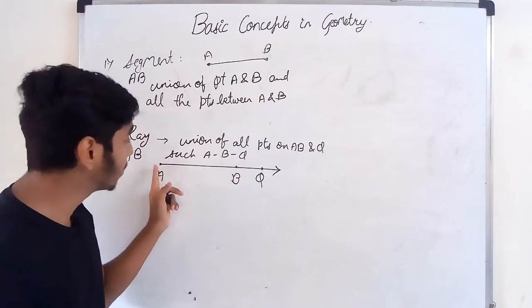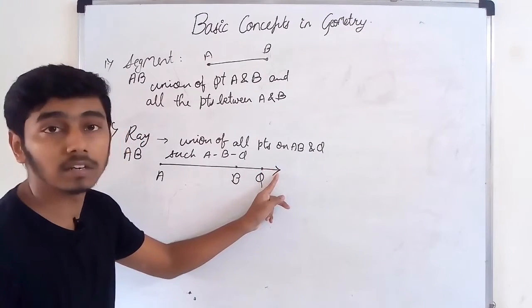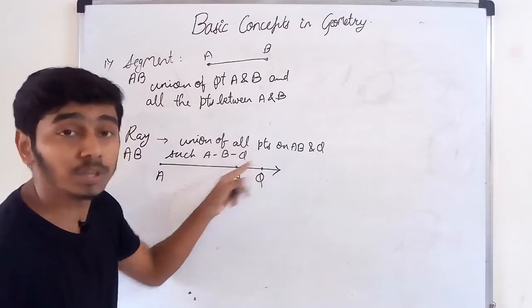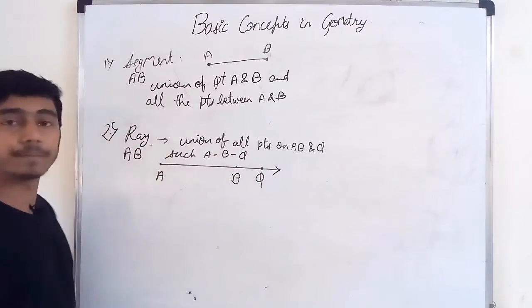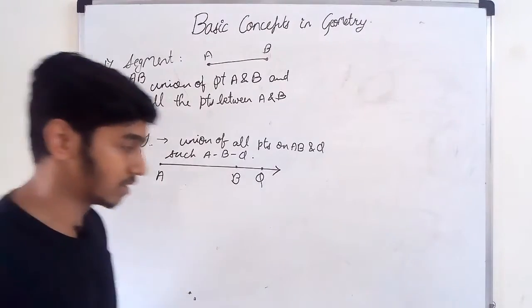All the points from A till the endpoint, ahead of Q also, and the union of them is called a ray. So that is a ray.